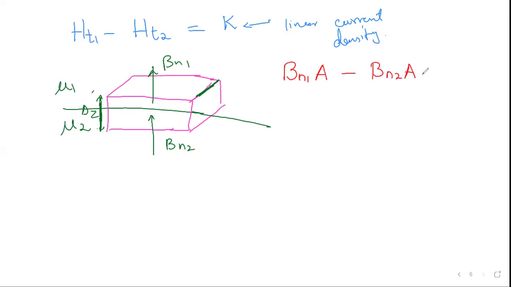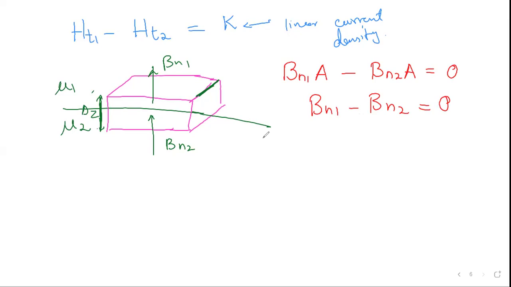into area. Now you know by Gauss law, magnetic flux lines are always continuous. Whatever has entered will always leave. So you will put a 0. So Bn1 minus Bn2 will be 0.